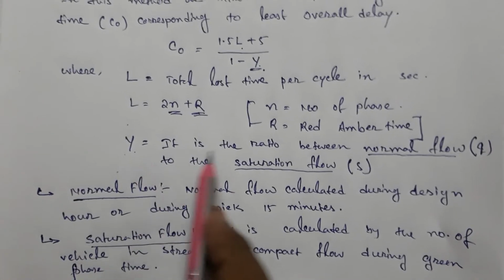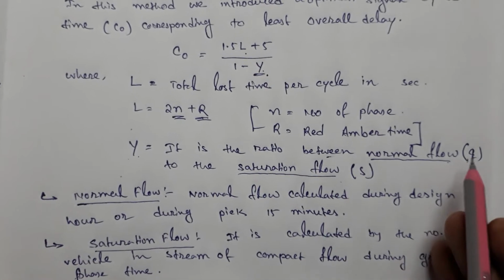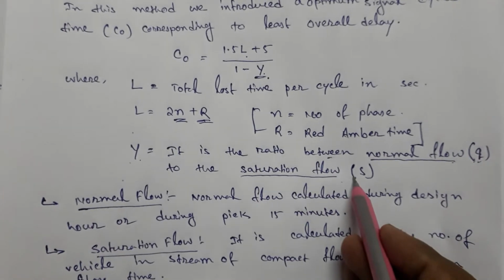Here y is the ratio between normal flow, denoted by q, and saturation flow, denoted by s.